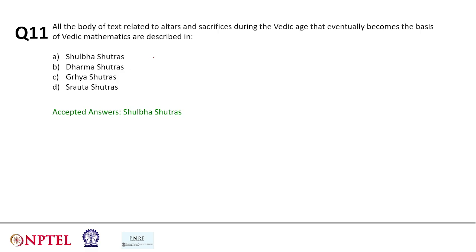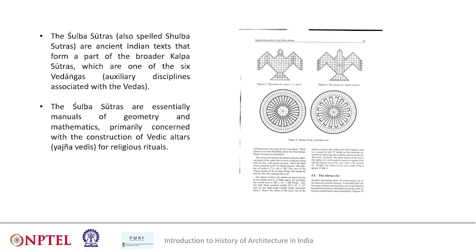The answer is Shulba Sutra. So Shulba Sutra is basically an ancient Indian text. This text is about how the altars basically will be. The altars are basically the sacrificial areas, and how they should be designed was based on some kind of geometry.